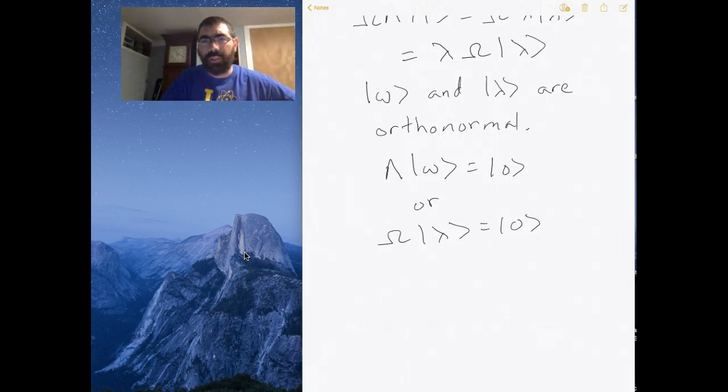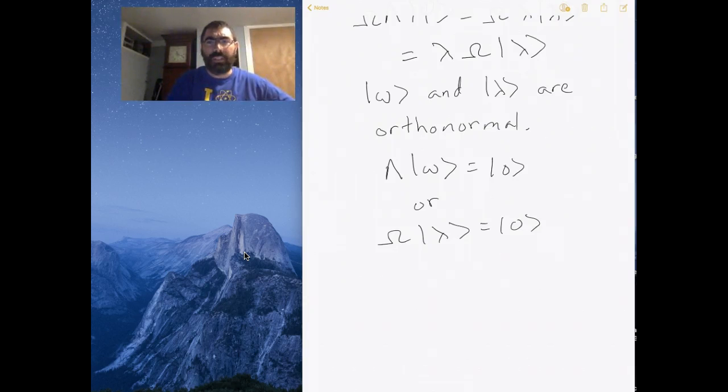So if these two states are orthonormal with each other, the order of consecutive measurements doesn't matter too much. When I operate with lambda on omega, I get 0. When I operate omega on the state lambda, I get 0. So either way, lambda first and then omega, or omega first and then lambda, we get 0. We get the same result.